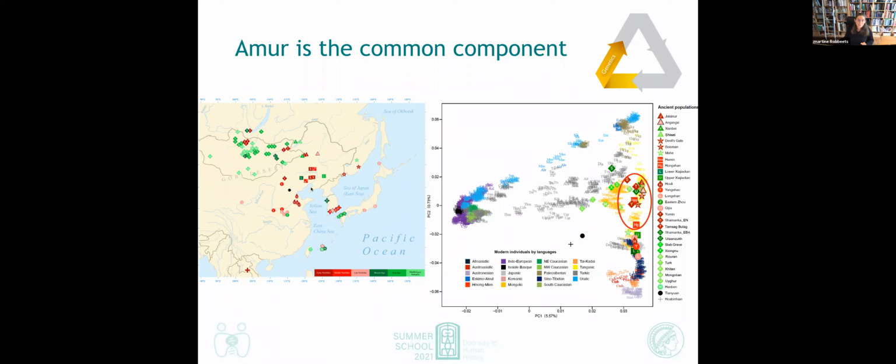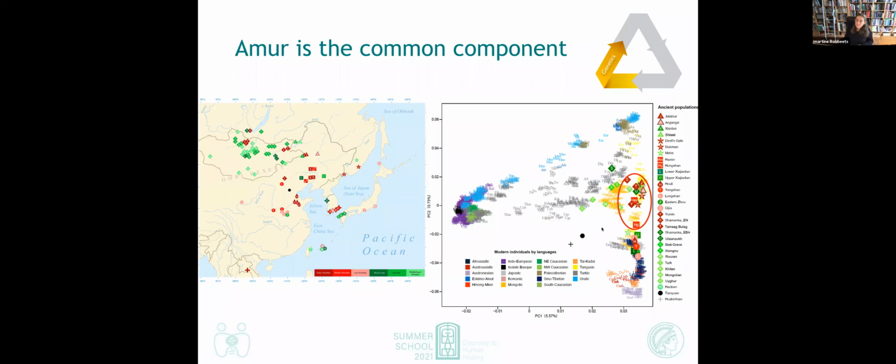So the Neolithic samples are here marked in different tones of red on the map, and the Bronze Age samples are marked in green. Our geneticists then plotted these ancient samples on a PCA of modern Eurasian populations.